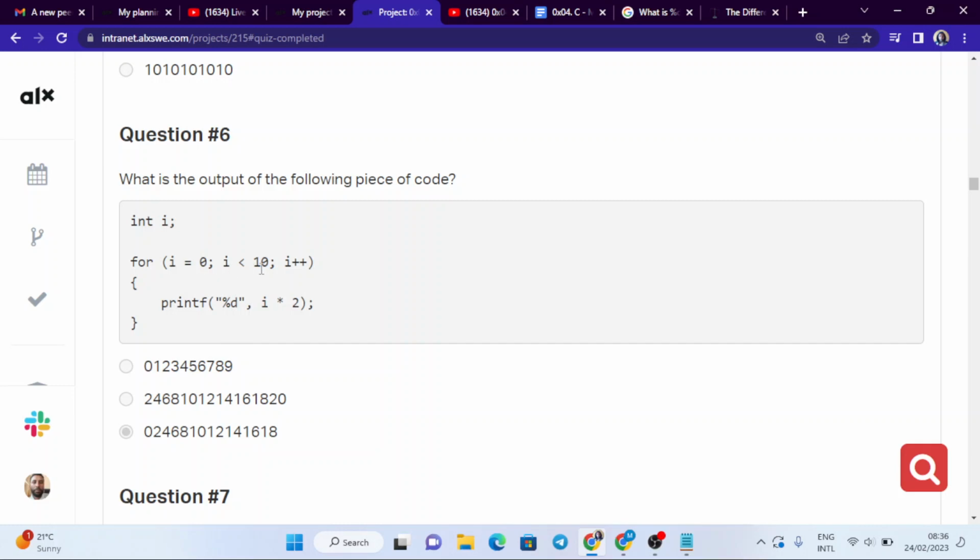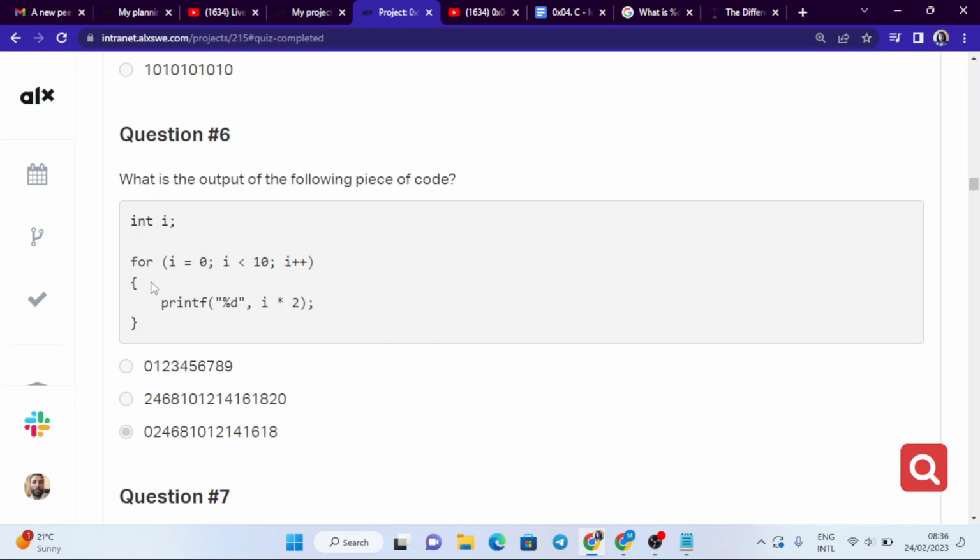i equals 0, i less than 10, i plus plus, printf percent d, i multiplied by something, so the output becomes like this. Because i is 0, 0 is less than 10, i plus plus 1, 1 multiplied.